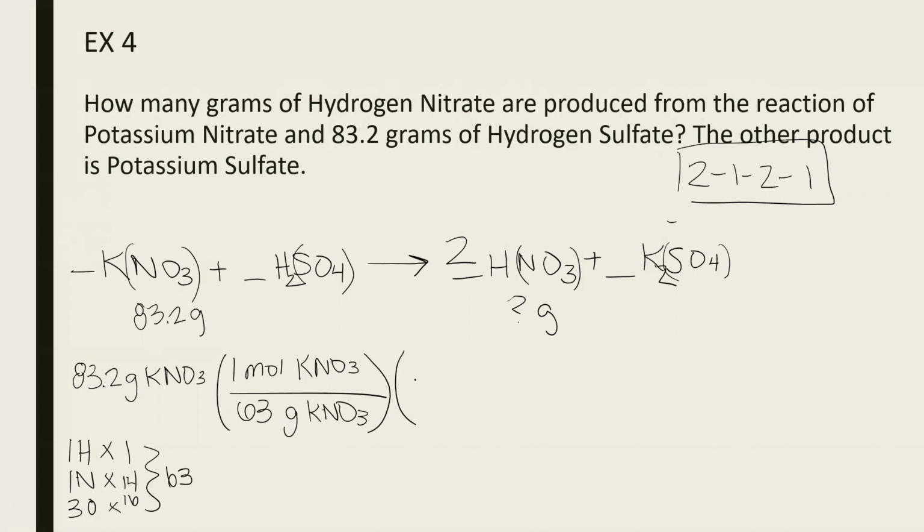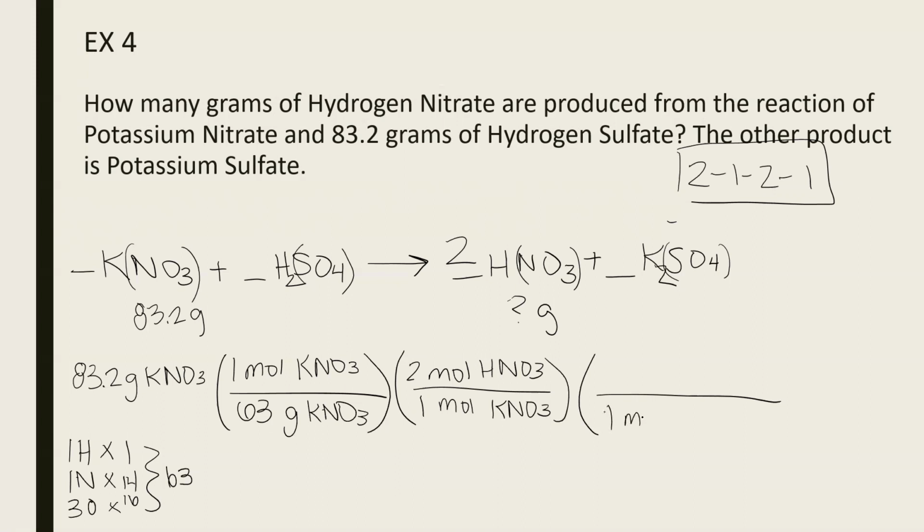Okay, then I've got my mole ratio, unknown coefficient, unit and label, over known. And then all I need now is the molar mass of my unknown. So I've got, whoops.